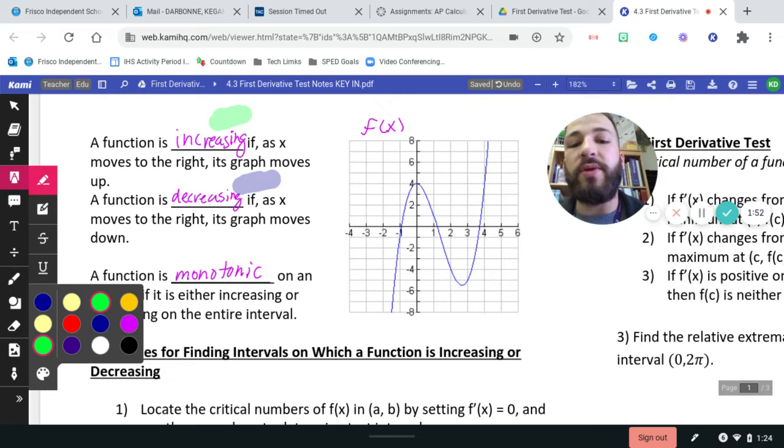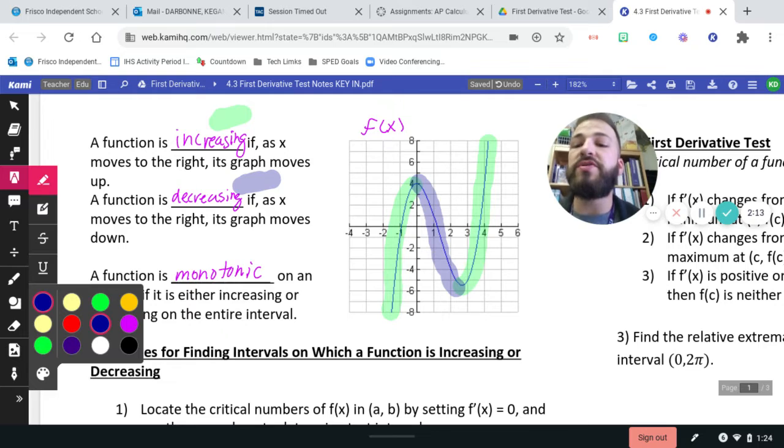It is increasing here in this first little interval up to about 4, and then decreasing in the middle. Then right here it starts increasing again, and then here in the middle we are decreasing, from about 0 to probably about 2.5.